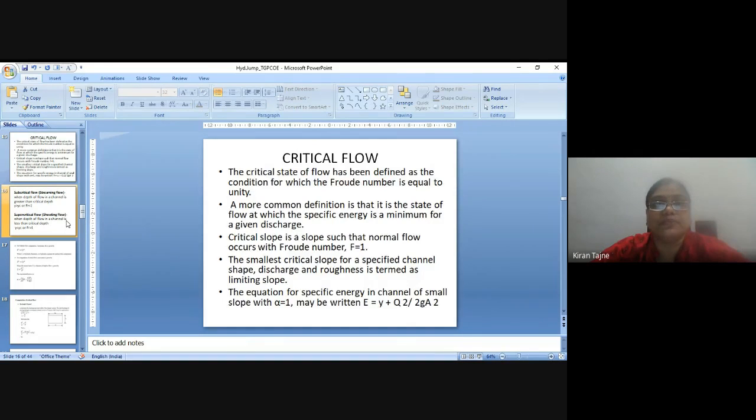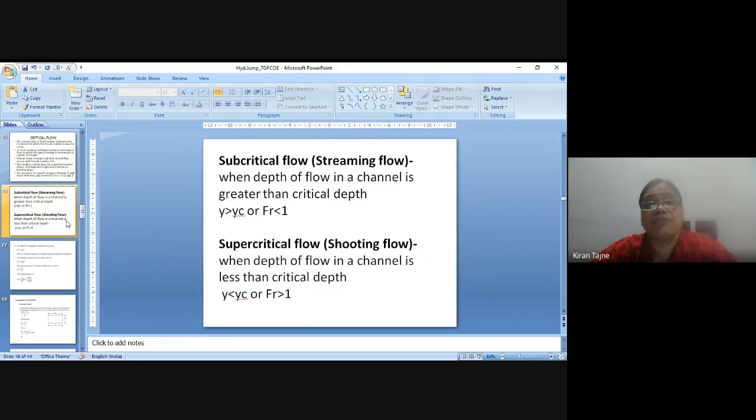This is critical flow. Now we'll see subcritical and supercritical flow. When the depth of flow in a channel is greater than critical depth, it is termed subcritical or streaming flow, and Froude's number is less than 1. When the depth of flow is less than critical depth, or Froude's number is greater than 1, it is termed supercritical or shooting flow.